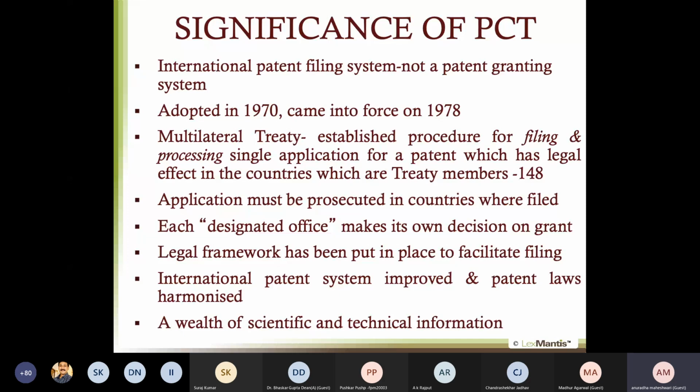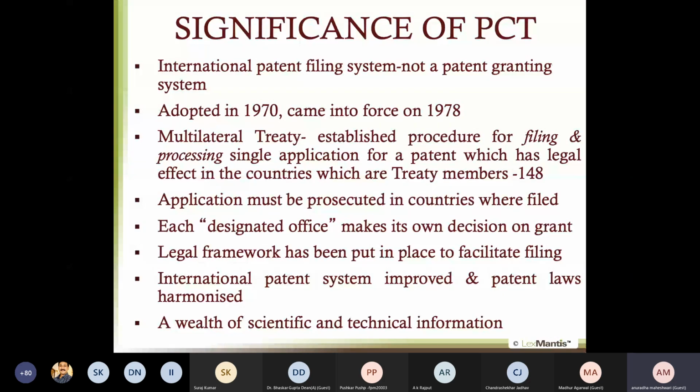So it is a window for filing your international application. You make an application and you say that this is my patent in India and I want to file it in certain countries in the world. Then after some time, when it is ready to be published, the World Intellectual Property Organization, who manages the Patent Cooperation Treaty, lets us know that it is now time for us to enter different countries. That's when we decide which countries we must enter.